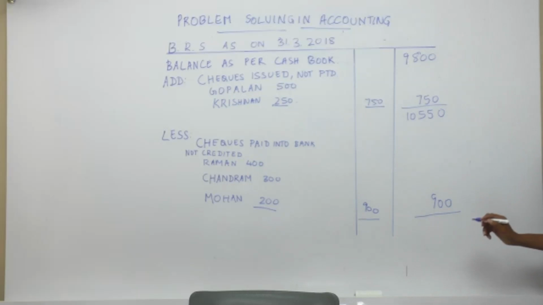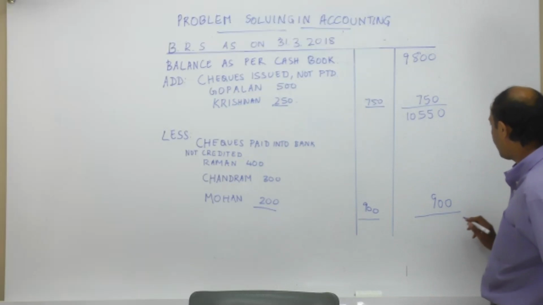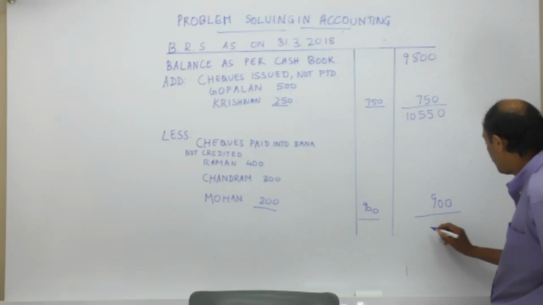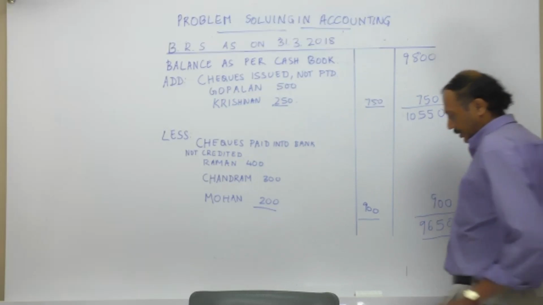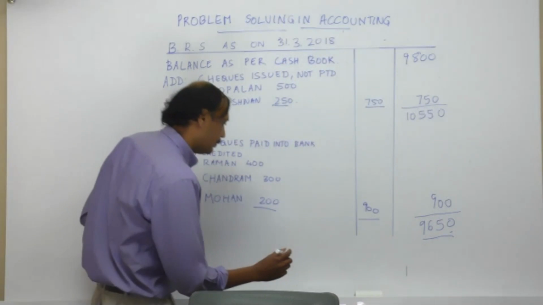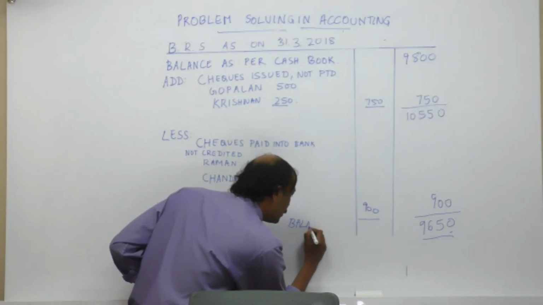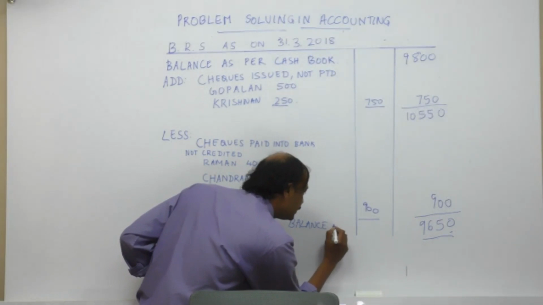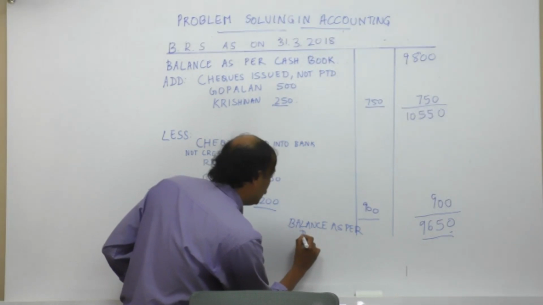So finally, you need to subtract this from this. So 10,550 minus 900 would be 9,650. So this balance is nothing but balance as per passbook.